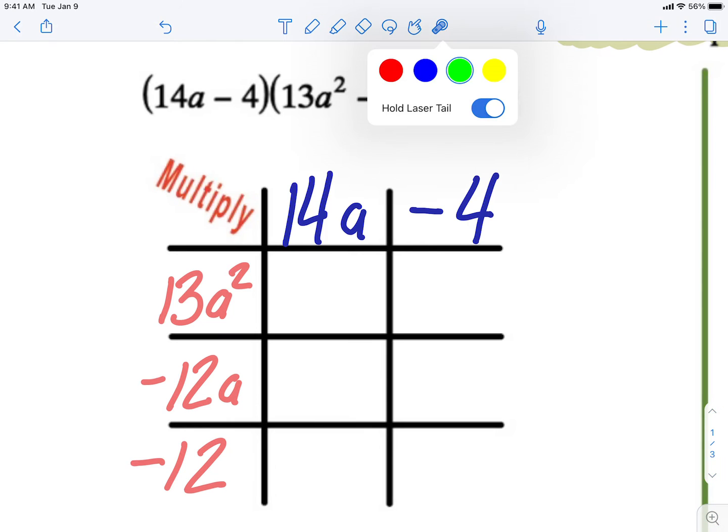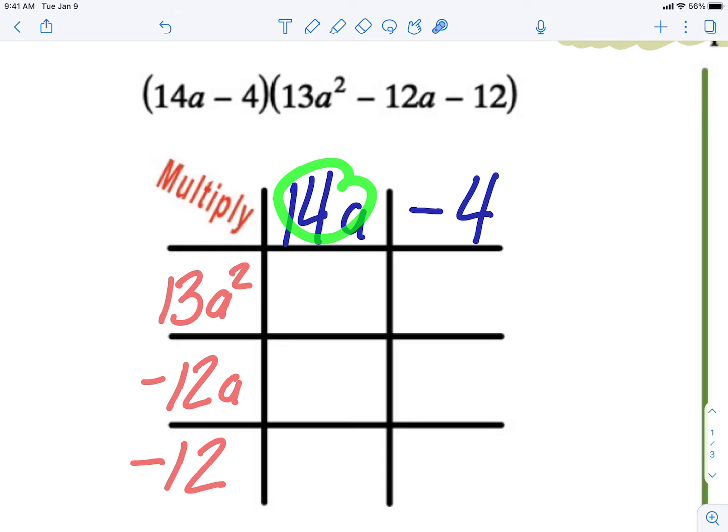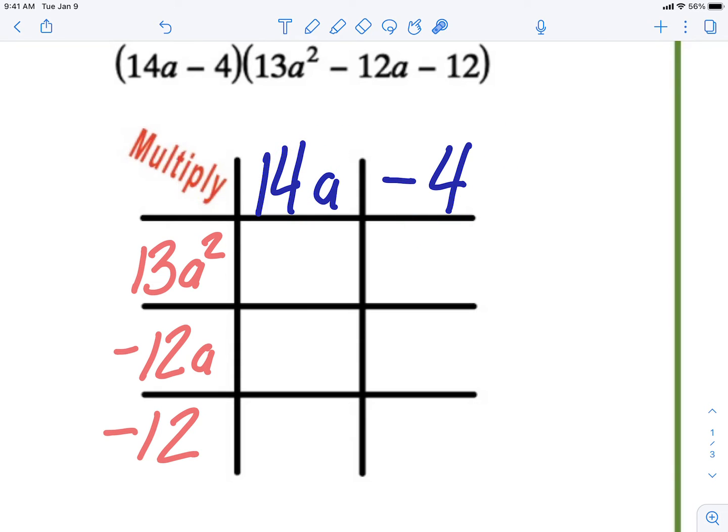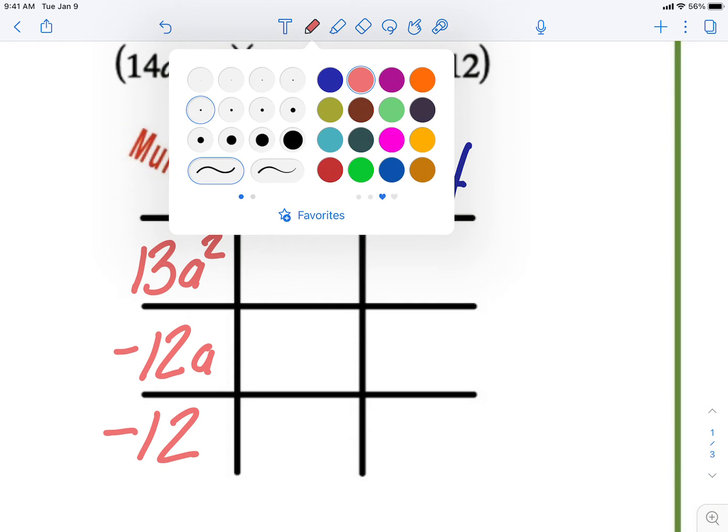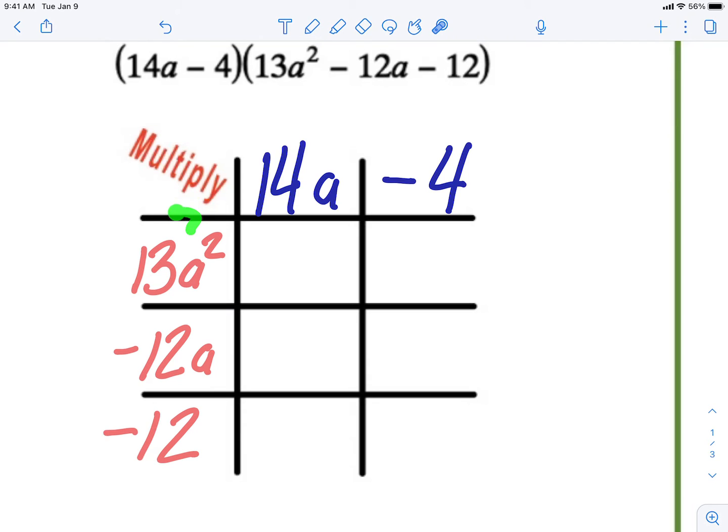You could start by multiplying this one with each one of these, and then this one with each one of these. Or you can start with 13a times these two, negative 12a times these two, and negative 12 times these two. It doesn't really matter which way we do it. Both are correct. For this case, let's start down here, and then work our way across, times that, and then times that.